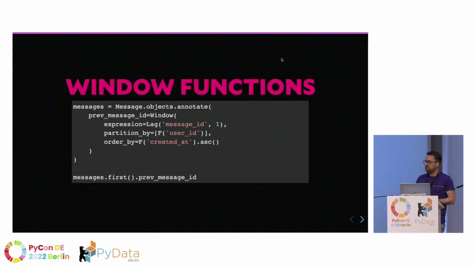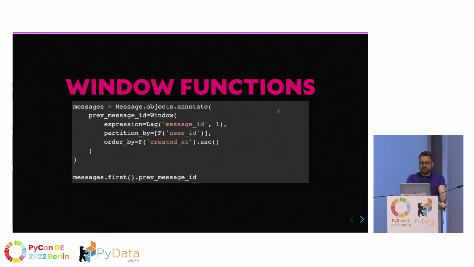Here's an example. Let's say you have built a messaging app, and you're interested in displaying one message, but you also want to display a link to the previous message. So what you really want is one query to the database, including all the information you need, and not a list of messages or something like that.